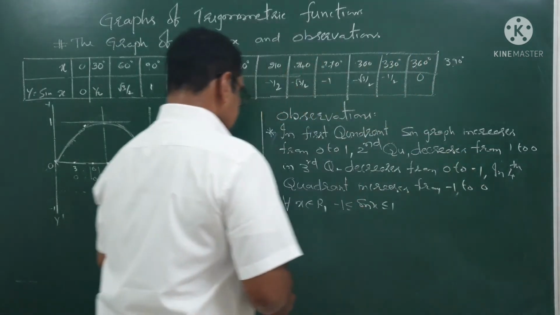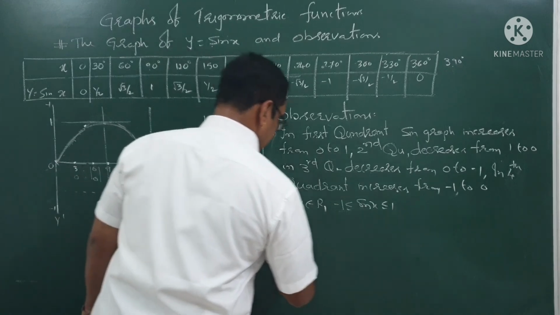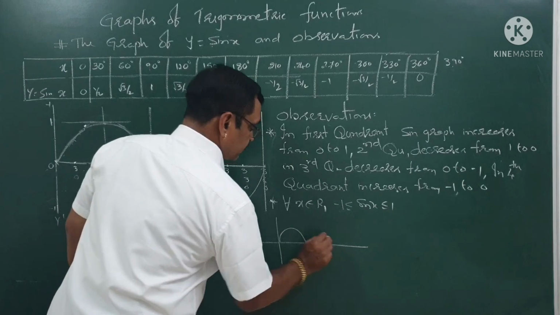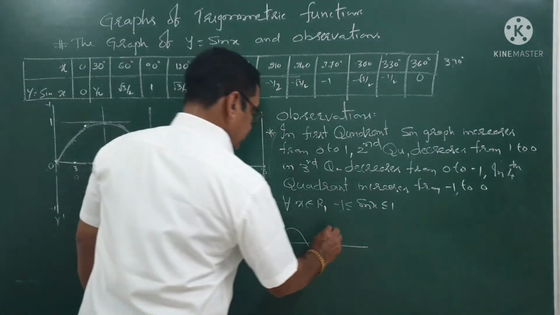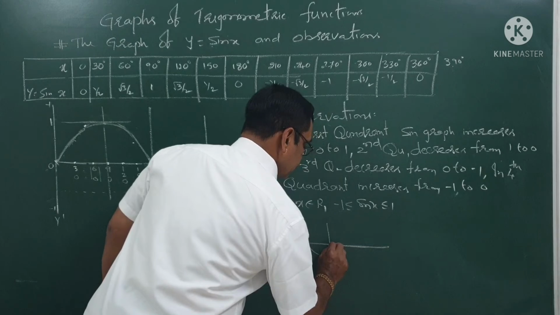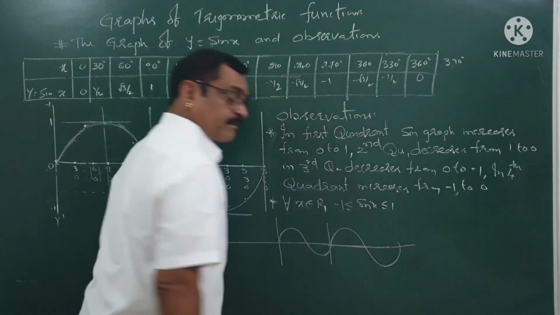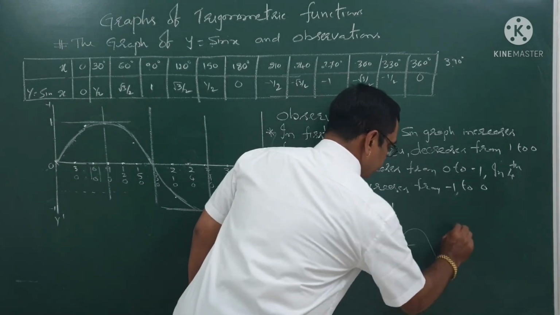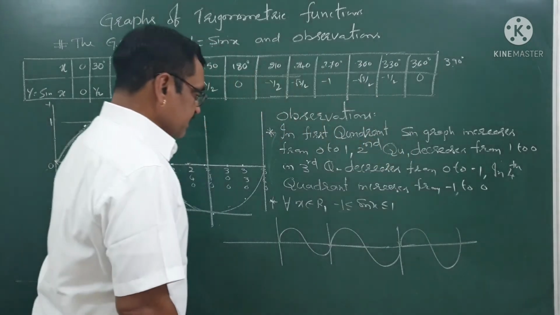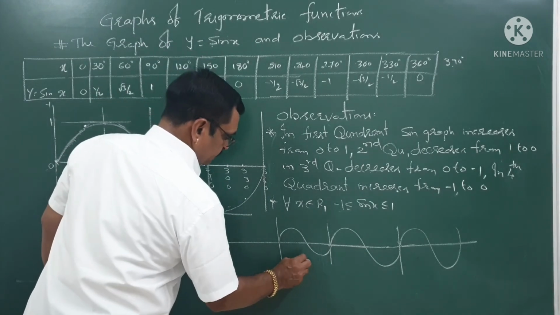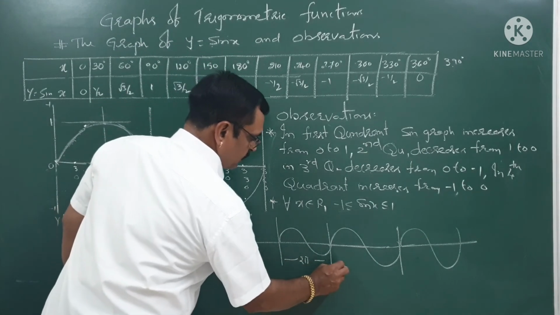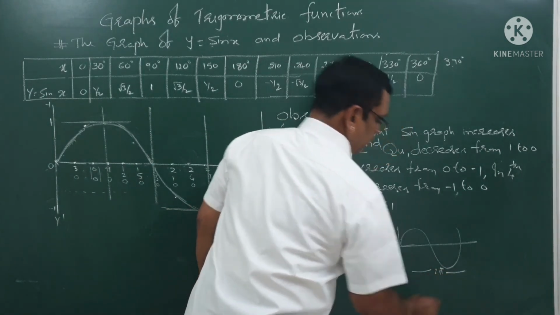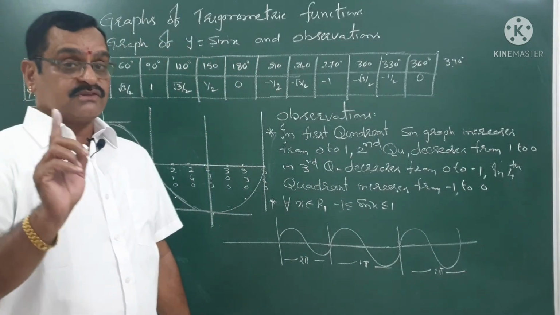So, in which interval is it repeating? Again, I draw one rough graph here. This is 0 to 360. Again, 360 to 720. Again, 720 to 1080. So, in the interval of 360 degrees, or I can say 2 pi radians, the shape of the graph is the same.